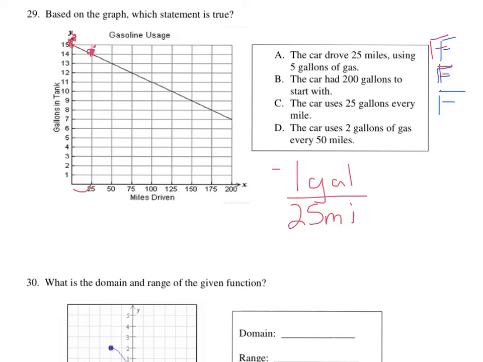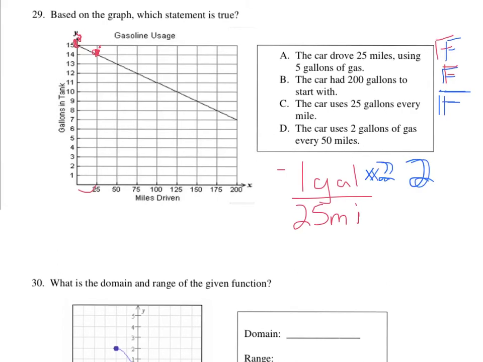Well, we're just going to multiply this by 2, so we get 2 gallons. So minus 2 gallons, and then multiply the miles every 50 miles. So that is a true statement.